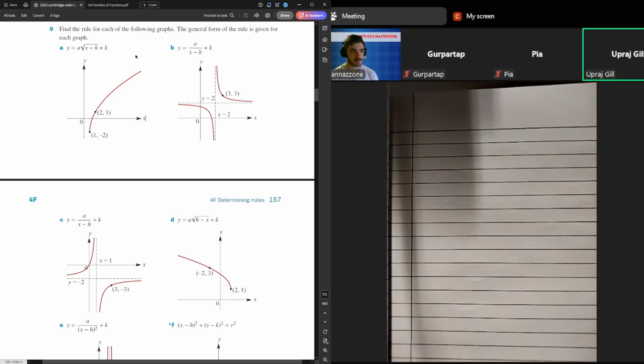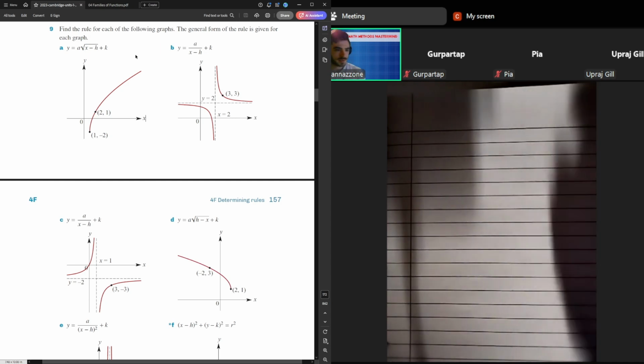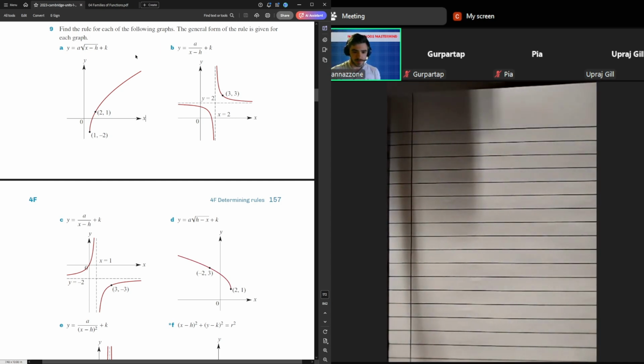Since I'm guessing that the (1, -2) has been translated from the origin, we can imply that the k is -2. Yep. And h was 1. Perfect. So the thing to notice, for not just this one but everything, is that you've got to understand exactly how the graphs work and how those can be mirrored up with their key features.